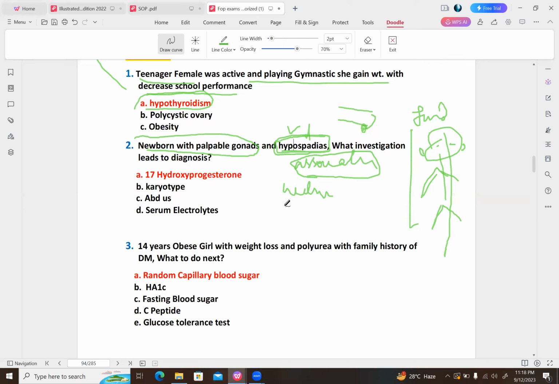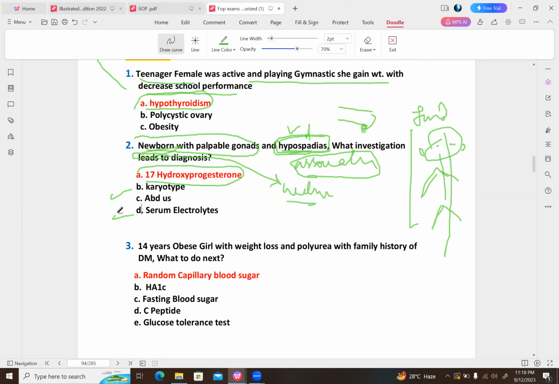If it is associated with Wilms tumor, I go for the ultrasound. But in this newborn, it is too early to say this is Wilms tumor. Yes, it can also have an association with CAH. That's why they have selected 17-hydroxyprogesterone. They haven't gone for karyotyping, although it could also be a correct option here.